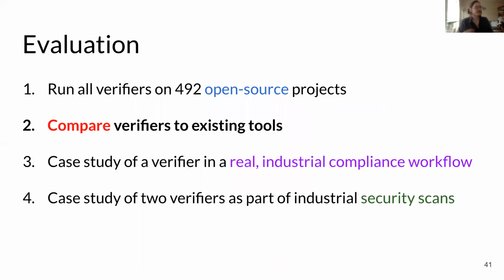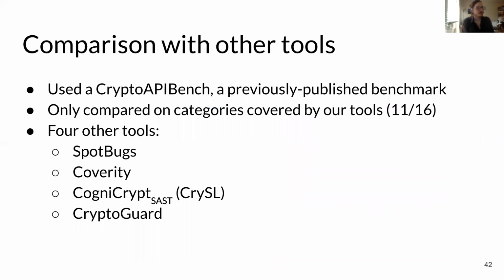All right, next. The next thing we did was compare our verifiers to existing tools. The way that we did that was we used a previously published benchmark called CryptoAPI-Bench that was used for evaluating security bug finding tools. And we compared on categories that overlap with compliance. We compared our tools to 4 other tools that had previously been evaluated on this benchmark. SpotBugs, augmented with some additional security patterns, as a heuristic-based bug finding tool.